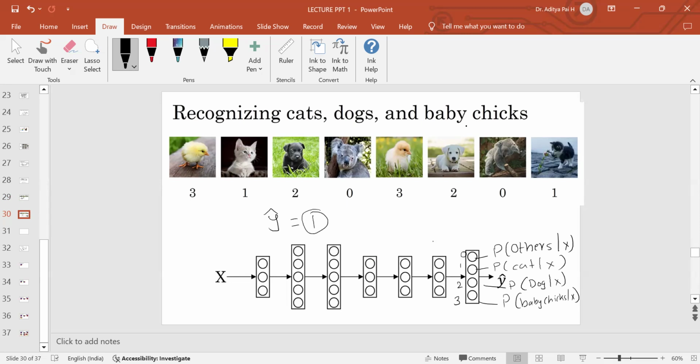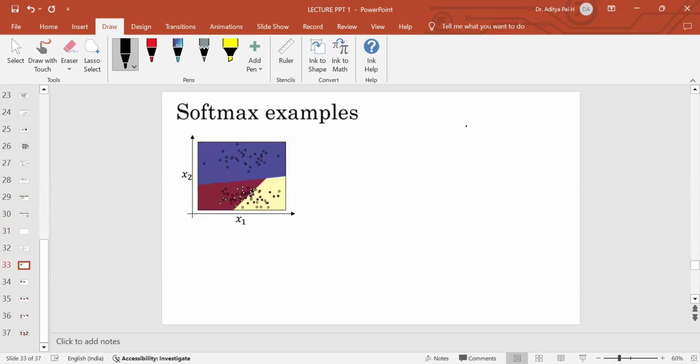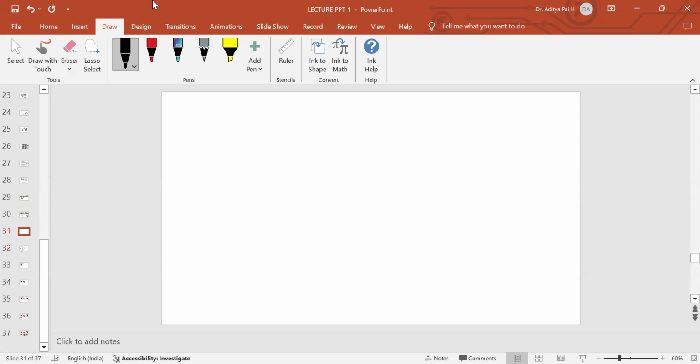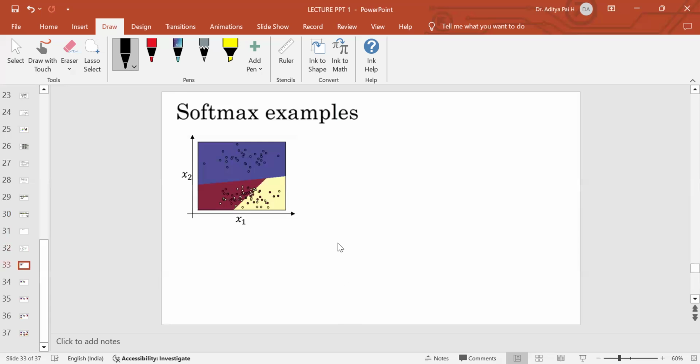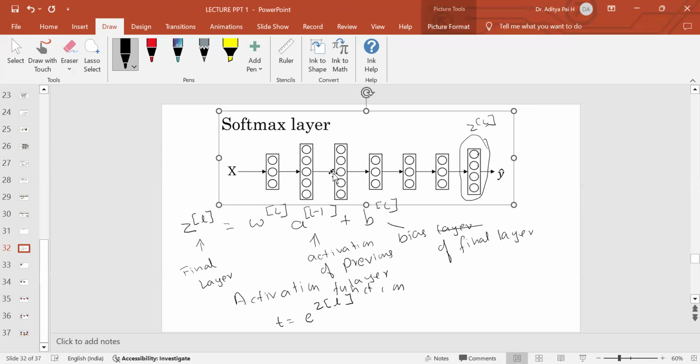Now, since we are using a softmax activation layer, we are using z of l, which is equal to w of l into a of l minus 1 plus b of l.